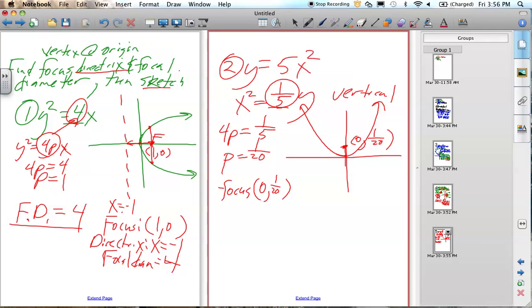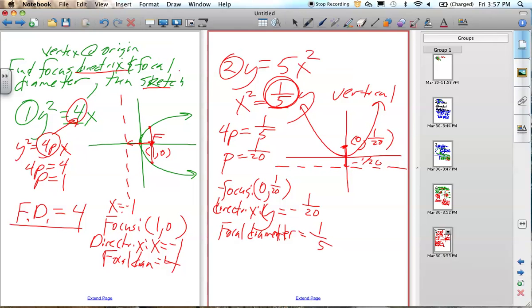To find my directrix, I go down 1/20. Since it's horizontal, this is going to be a y equals. So it's going to be y equals -1/20. Focal diameter is really easy. You take the absolute value of this number, so it's going to be 1/5. And we're done.